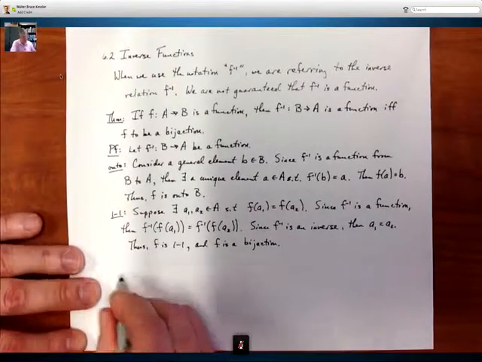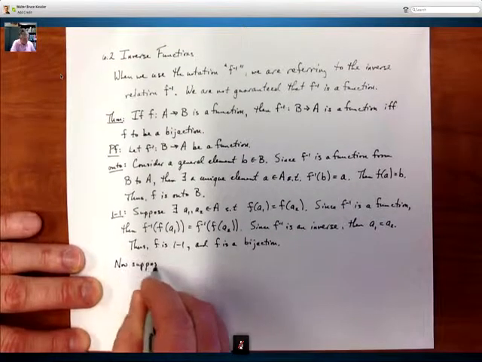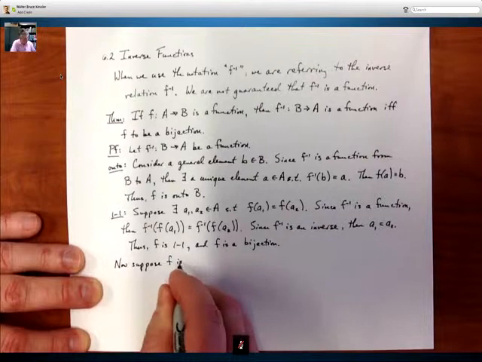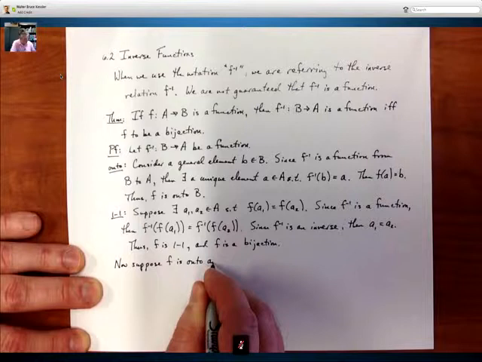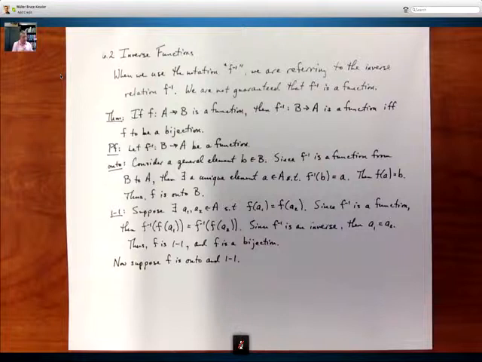Okay? Now, let's go the other way. Suppose F is onto and one-to-one. To show it is a function, I would need to show that F inverse is a function, right?